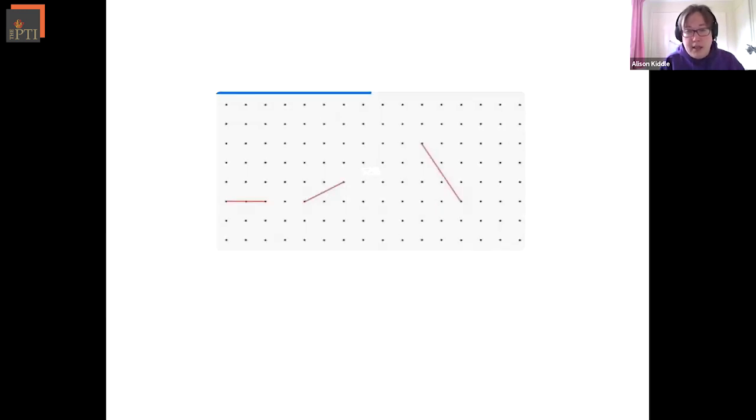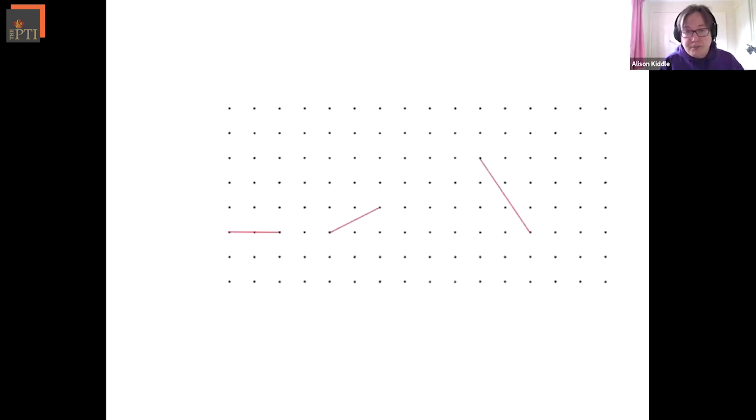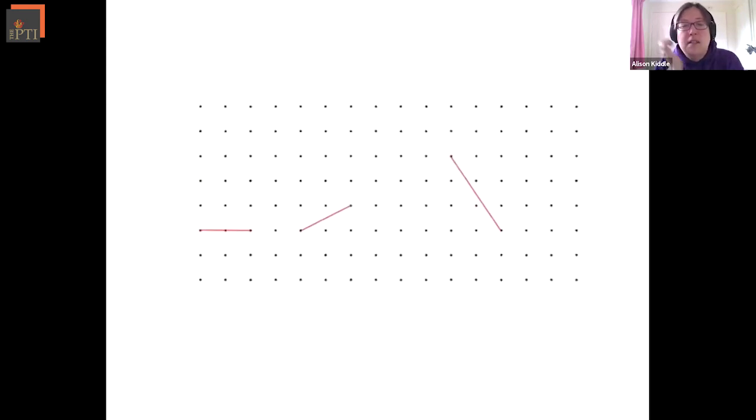So the story here is that we've got some lines on a dotty grid, and they are the sides of a square. And so the question is, each of them is the side of a square. Can you figure out where the other three sides of the square will go?